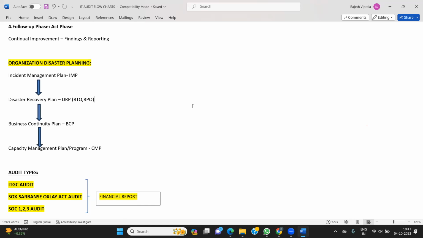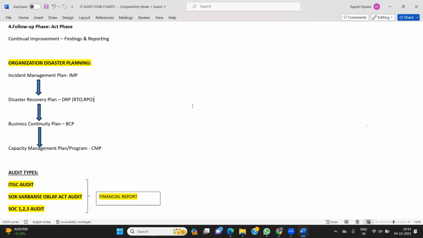Coming out of it will be considered in two different ways: one with respect to time, the second with respect to the amount or quantity that you are able to recover. The first one is RTO, recovery time objective. The second is recovery point objective.